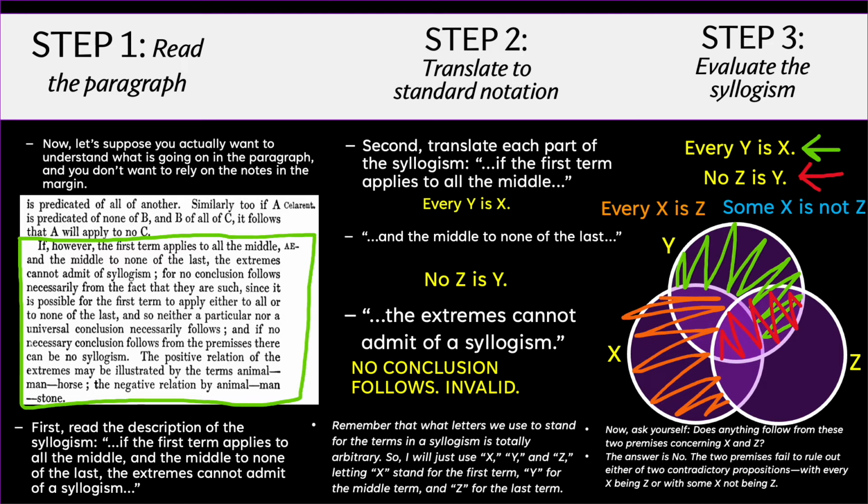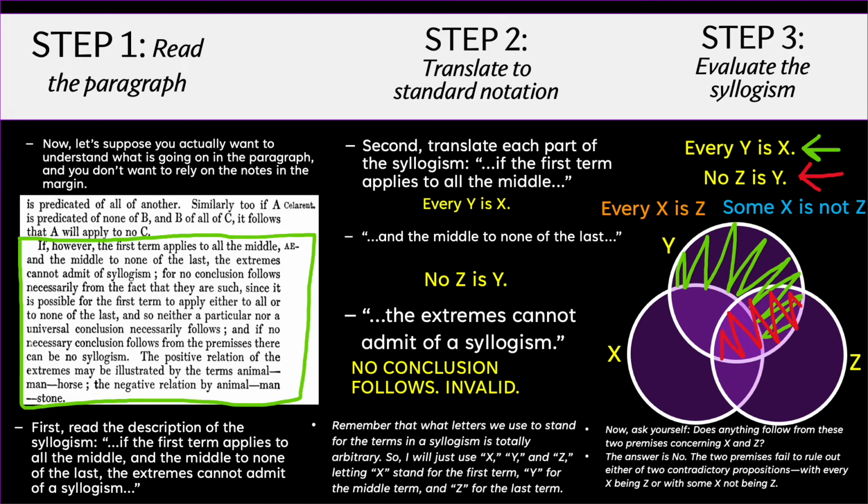But here's another possible conclusion that's also consistent with our premises. Some x is not z. This is the contradictory opposite of the other conclusion which we just used. So let's remove our illustration of the last possible conclusion and put in an illustration of the present possible conclusion, namely some x is not z.